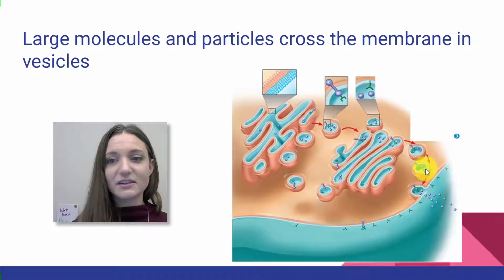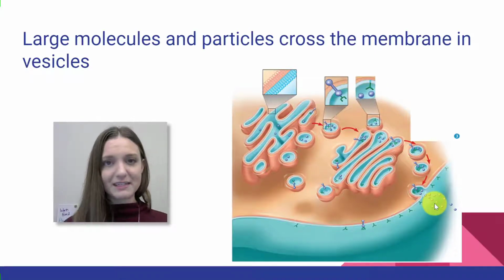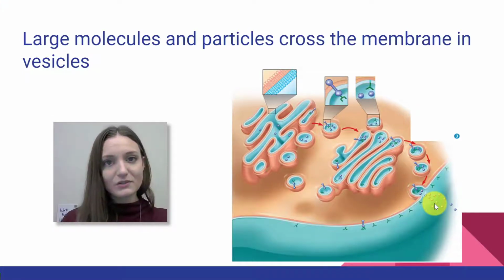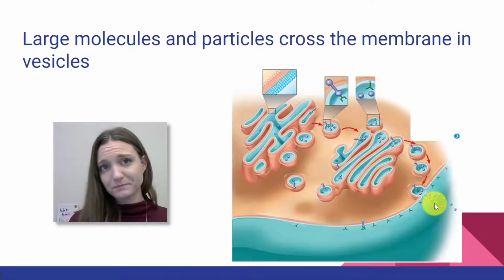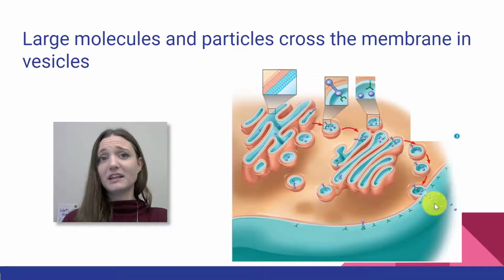Then the Golgi can secrete that product out to the environment in a vesicle, right? That vesicle, that membrane bubble, will just fuse with the plasma membrane, okay? That is a type of bulk transport. So we can secrete large amounts of material out to the environment in a vesicle.